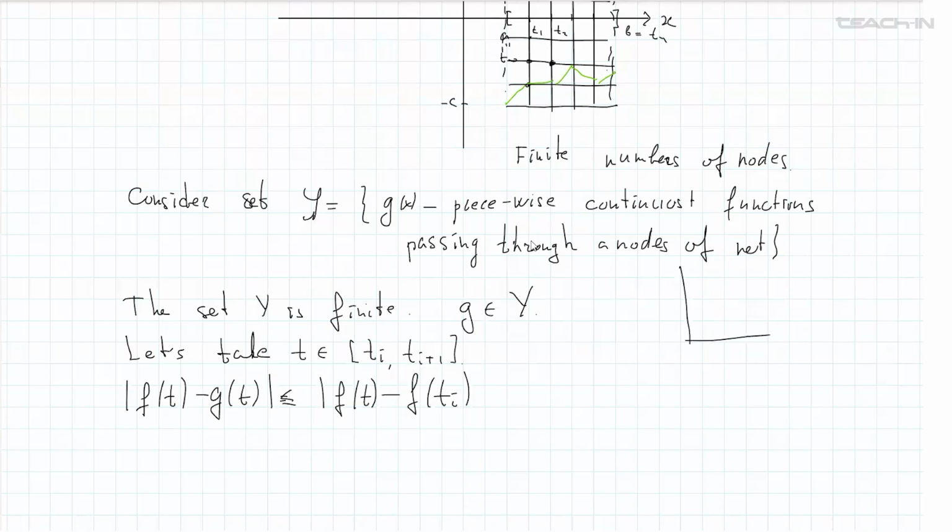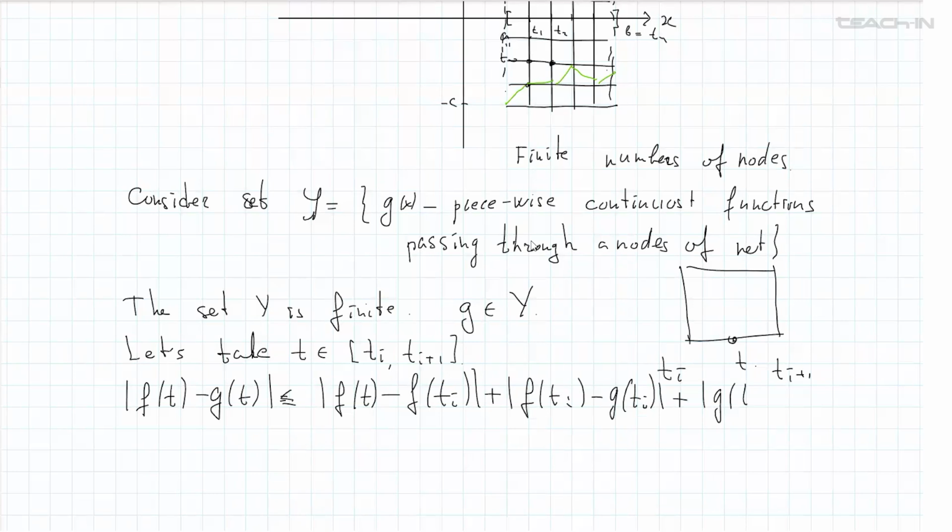So let's show one picture: here is ti plus 1, and here is the number t, yes? Plus |f(ti) minus g(ti)| and plus |g(ti) minus g(t)|.